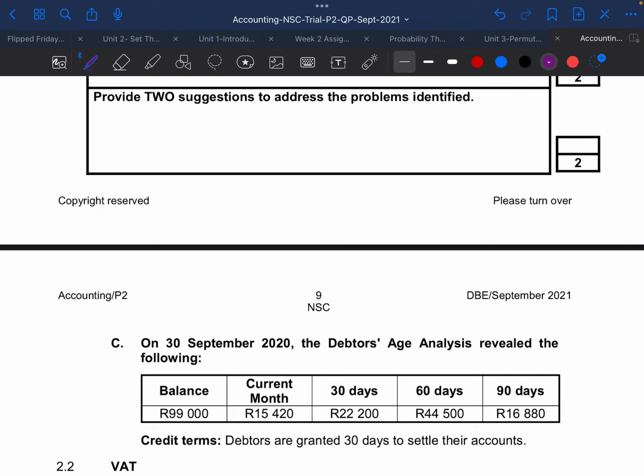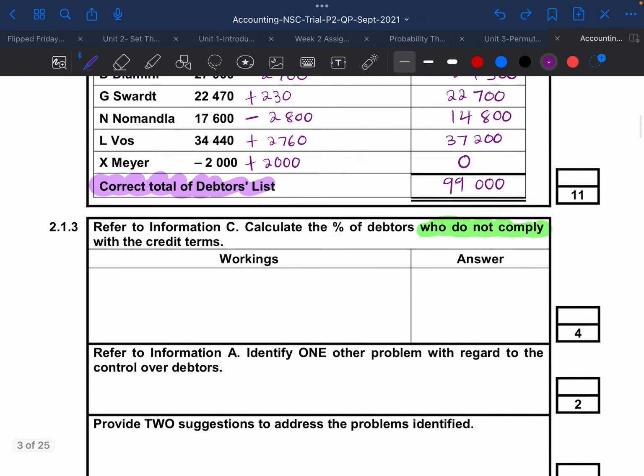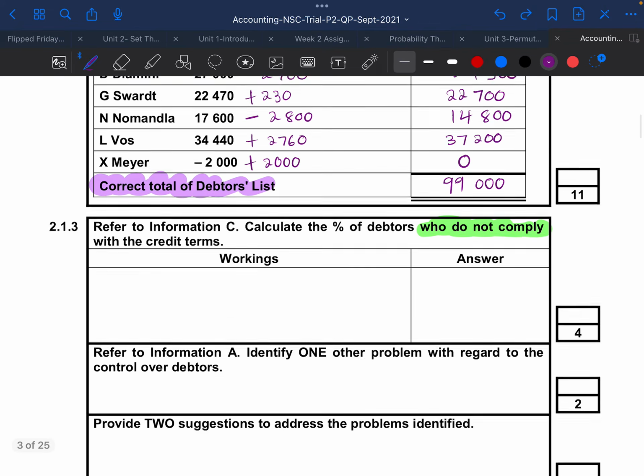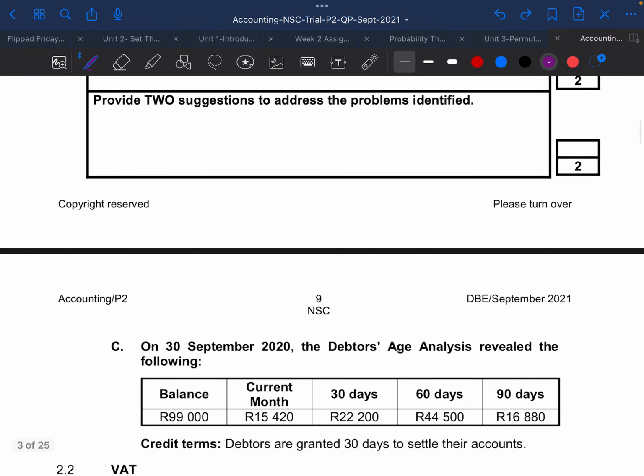So there's a balance of 99,000. Okay, they actually gave us the balance. If we could really pay attention, that's how you easily get answers in accounting. But who knows? All right, so let's continue.